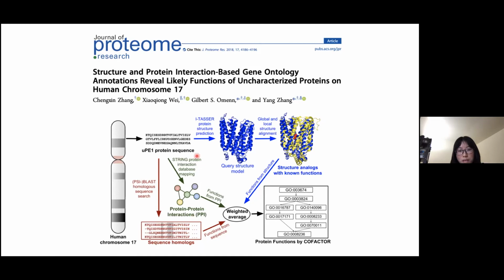The second part is that we use the STRING database to analyze protein-protein interactions. The third part is that we use I-TASSER to predict the protein structure, and then we do structural alignment to get the structure analogs. Finally, we give different weights to these 3 parts, and then run COFACTOR to get the protein function.